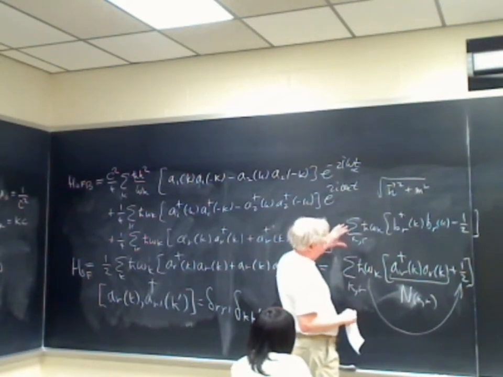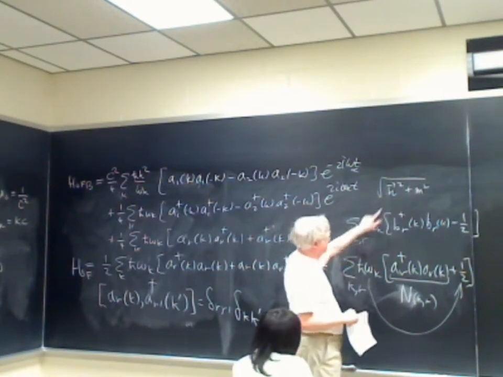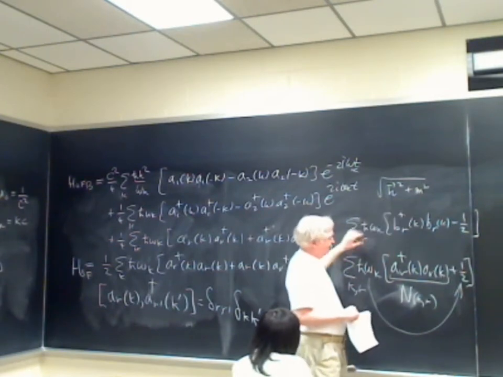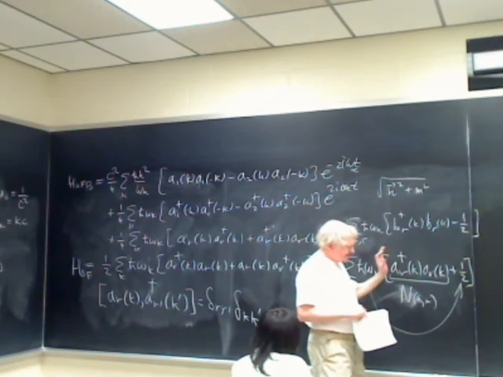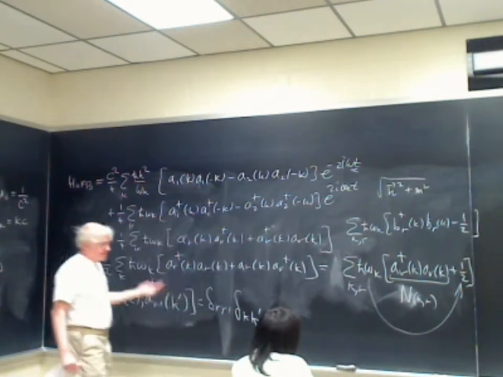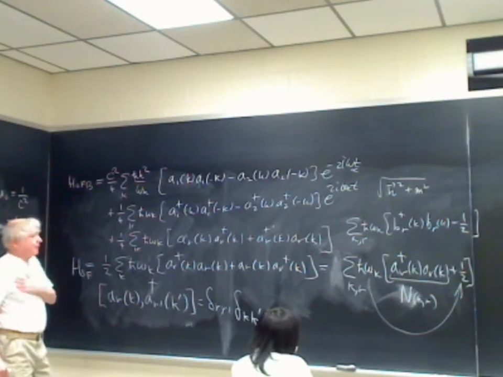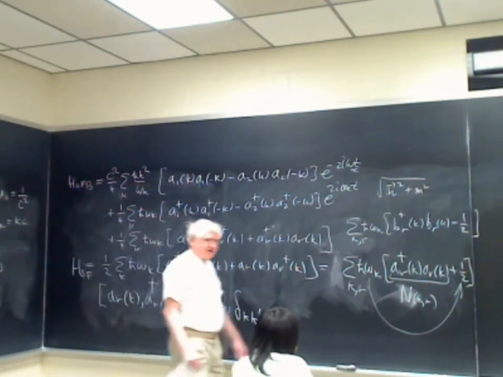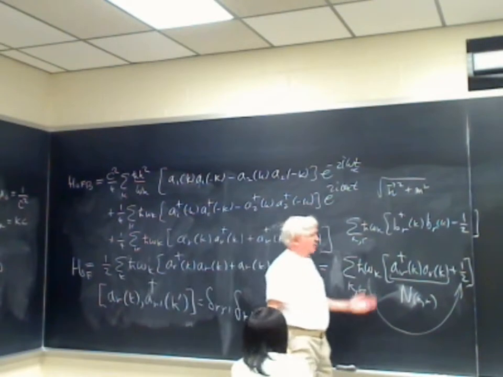And so as you look at the worst part of this divergence, it's the k squared, not the m squared. And so the worst part of the divergence does cancel when you have the same number of fermion modes as boson modes. Now, whether that's true or not, or whatever are the fundamental particles, nobody knows.